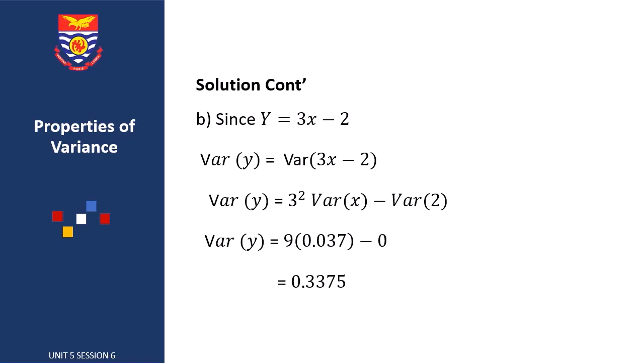The variance of 2 is a constant, so it should be equal to 0. The 3 squared is 9, and the variance of X, as you had in the previous example, is 0.0375. Doing the algebra, we arrive at the answer 0.3375.